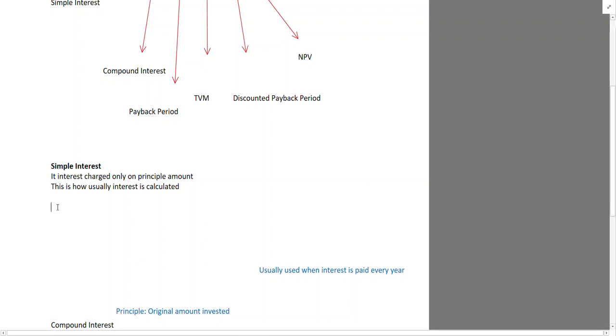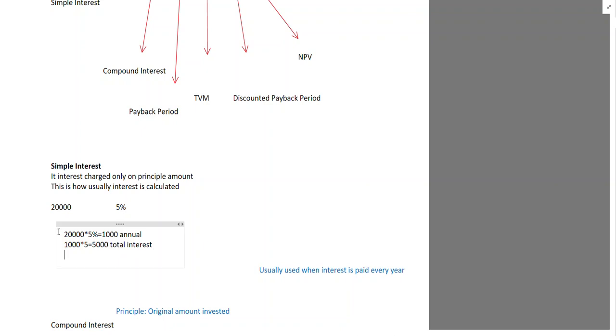Let's say I invested $20,000, and if there is 5% interest annually, then interest would be 20,000 multiplied by 5%, which is 1,000 annually. I can take that 1,000 annual multiplied by 5, it will become the total interest. So the total amount will become 25,000 after 5 years.